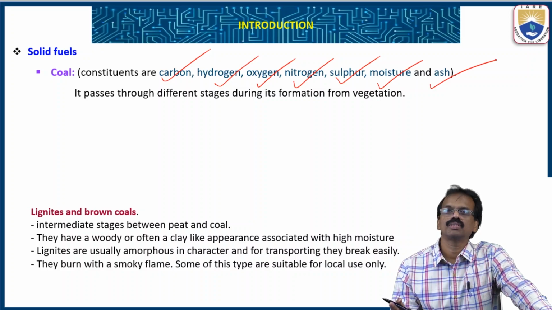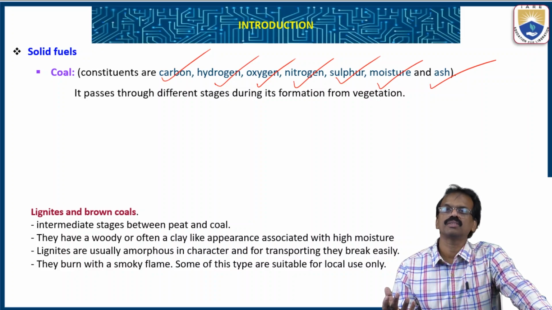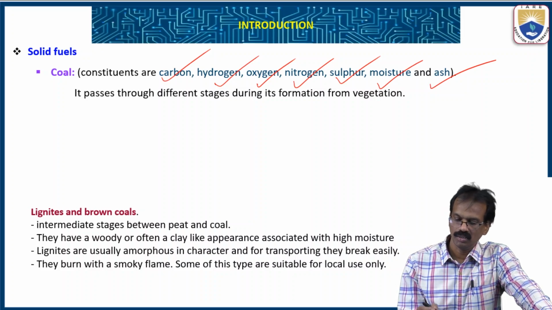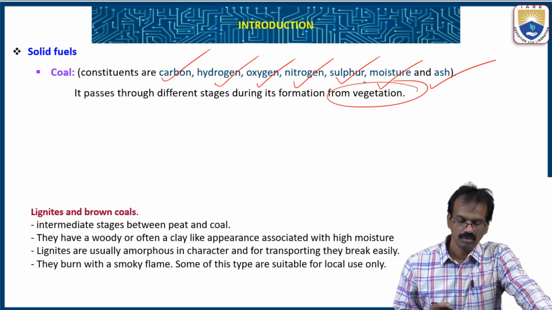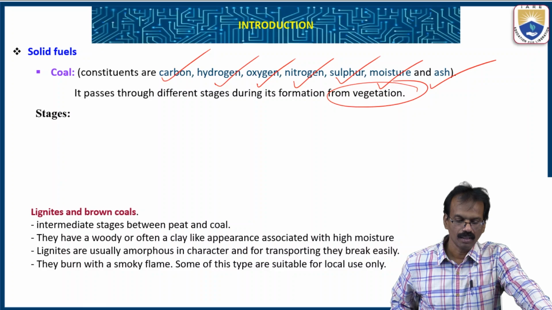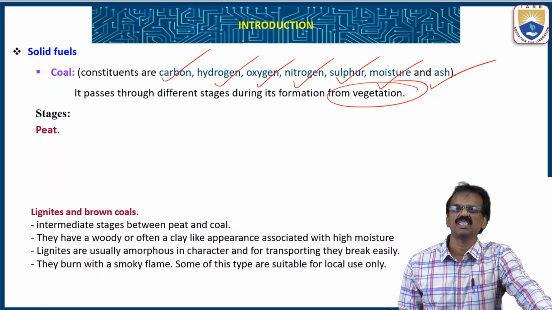These are the constituents. It passes through different stages. We will get this coal by passing through different stages, from wood or vegetation. We'll see what the different stages are.